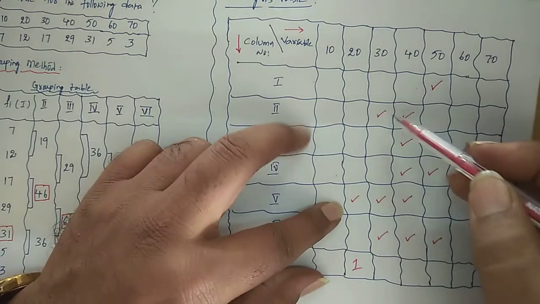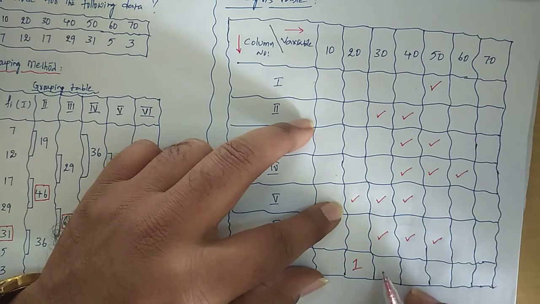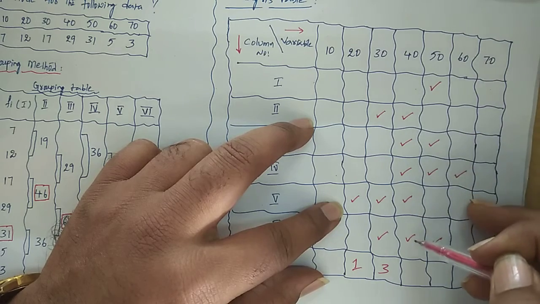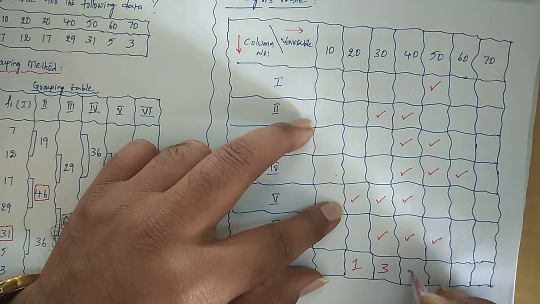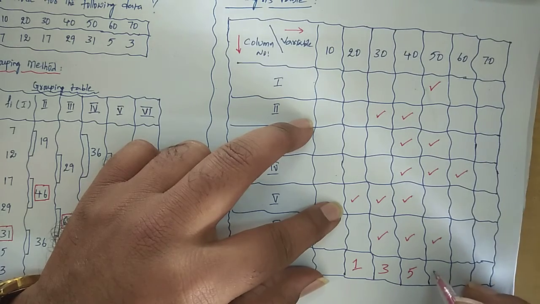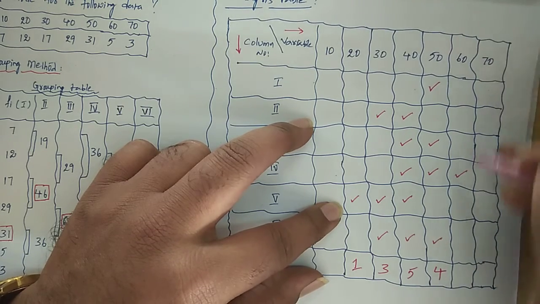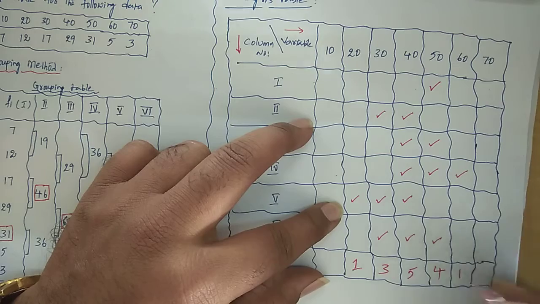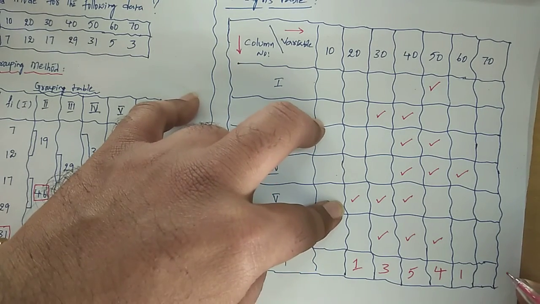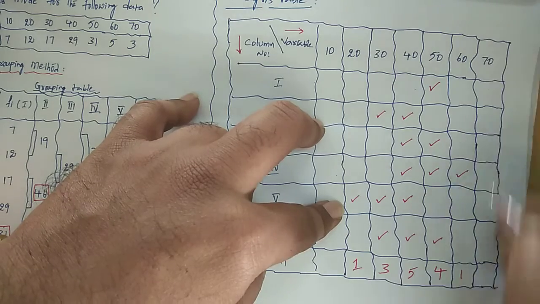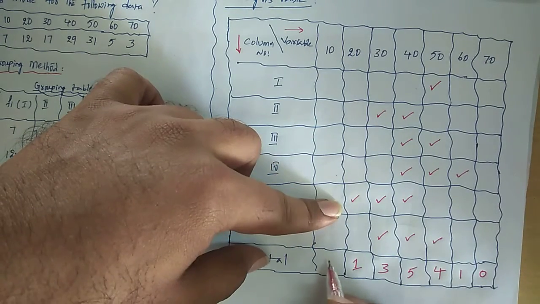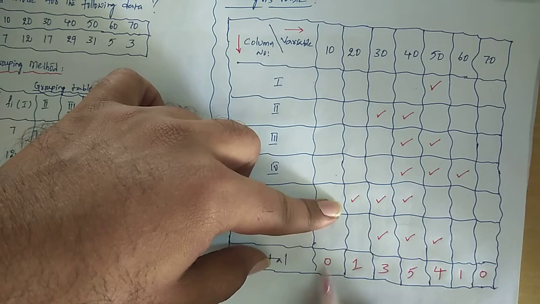For 30, how many tick marks? 1, 2, 3. 3 tick marks. Like for 40, 1, 2, 3, 4, 5. So 5 tick marks. Now for 50, 1, 2, 3, 4. 4 tick marks. And for 60, how many tick marks? Only 1. Now for 70, there is no tick mark. You can put 0 if you want. Here also for 10, you can put 0 because no tick marks.